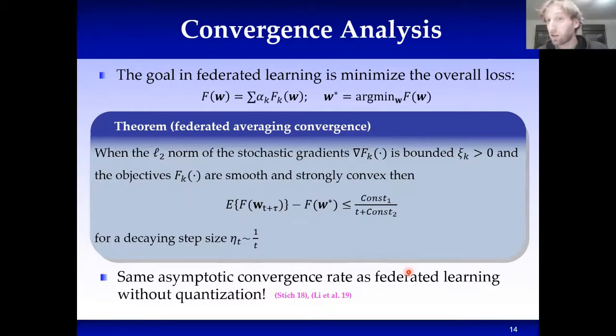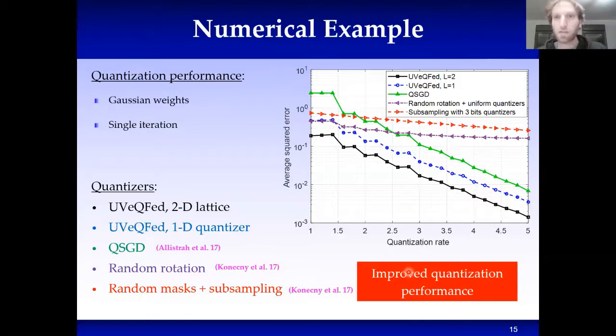So while this result is not all that surprising, because it was also observed for other quantized schemes, we can show that our scheme achieves better results than previously proposed quantization schemes for federated learning using numerical examples. So for example, here we compare several schemes proposed for federated learning, two that are based on sparsification, random rotation with uniform quantization, and random subsampling with 3 bits quantization.